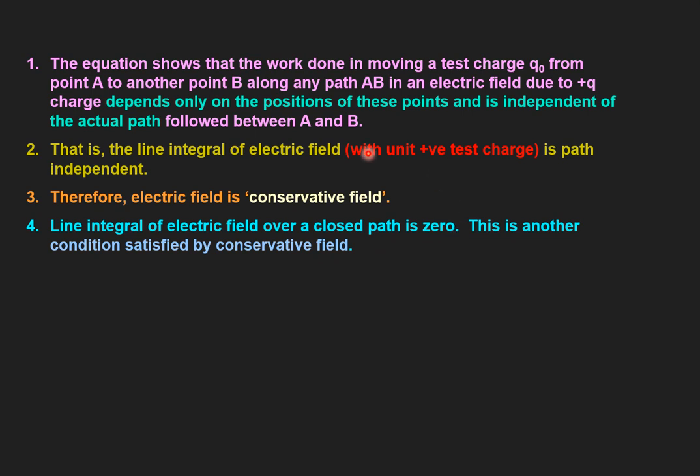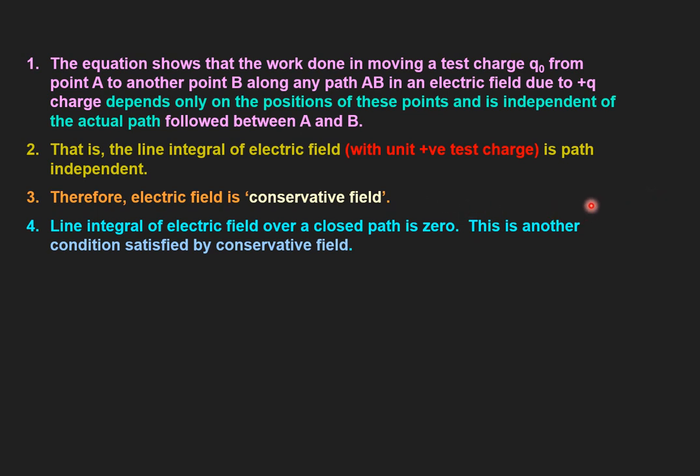Since we have seen that, let me call the initial point A and the final point B. That is, I want to move my test charge from point A to point B. We have already studied that this work done will be path independent. So from point A to point B, I have done some work: the work done in moving from A to B. Now in the second case, let me move it back from B to A. So again it will be work.